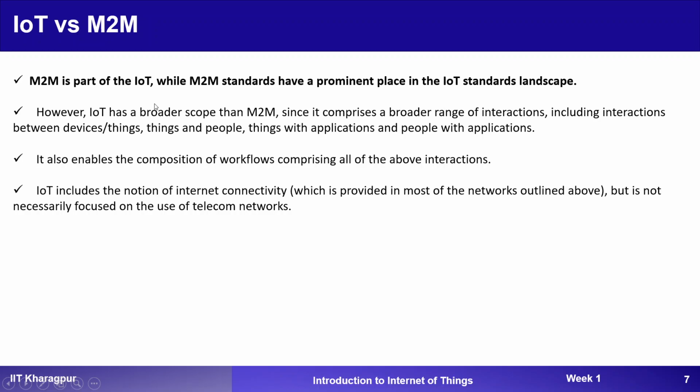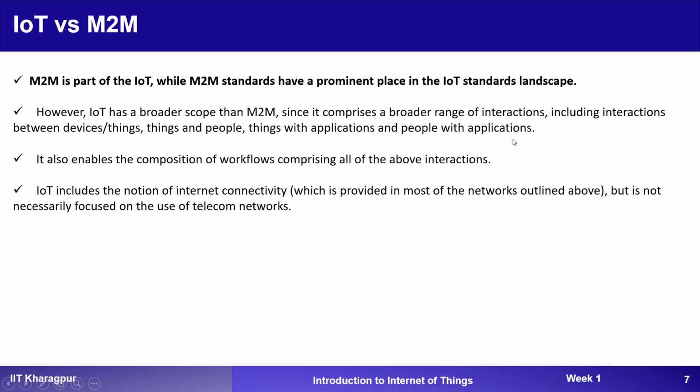However, IoT has a broader scope than M2M since it comprises a broader range of interaction, including the interaction between devices, things and people, things and applications, and people with applications. It also enables the composition of workflows comprising all of the above interactions.